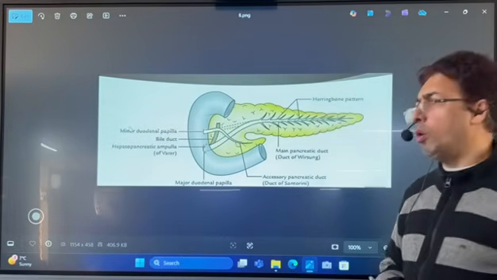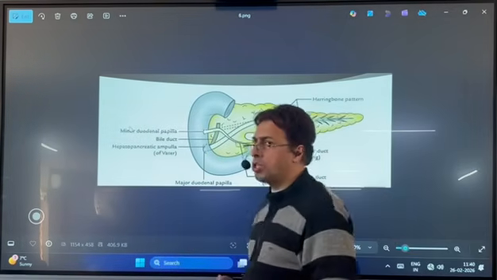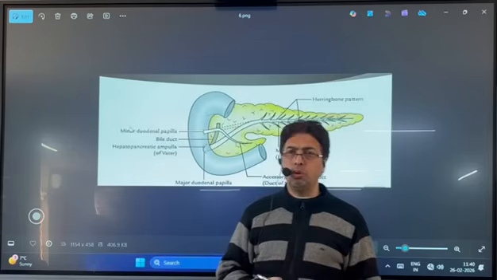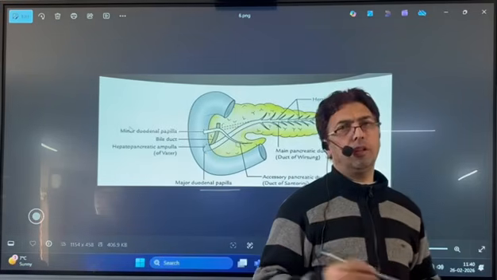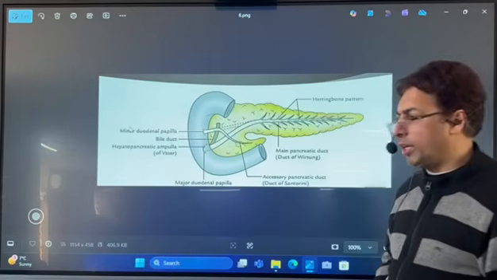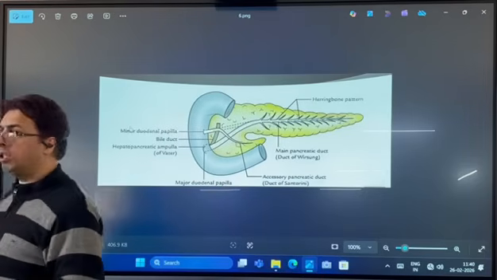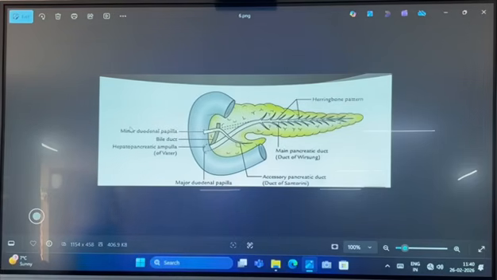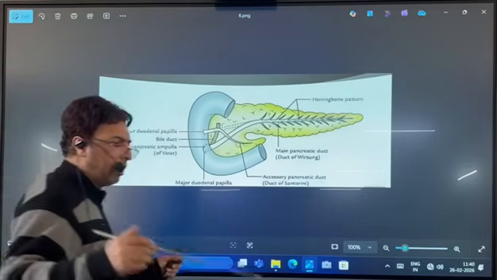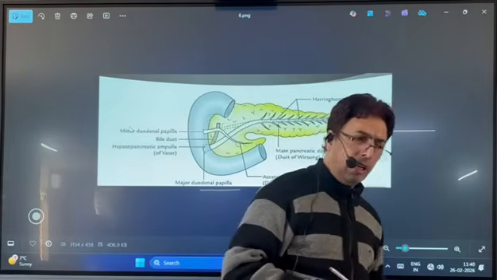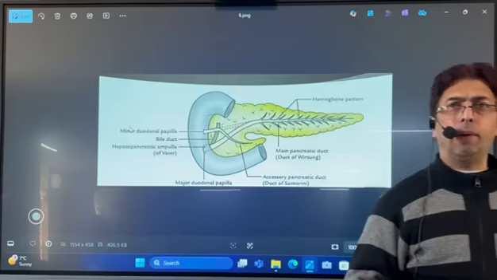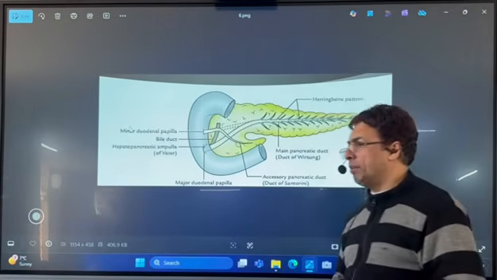This is how the physiological secretions are poured into the gastrointestinal tract. Now, this is one aspect of the pancreas. By now we have come to know about the anatomy of the pancreas in a brief nutshell.